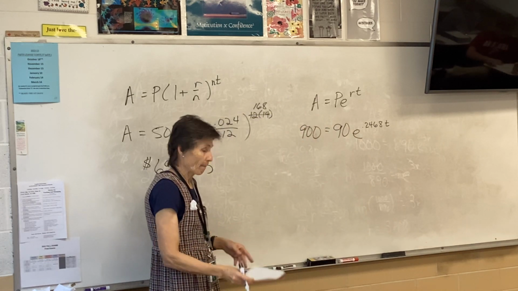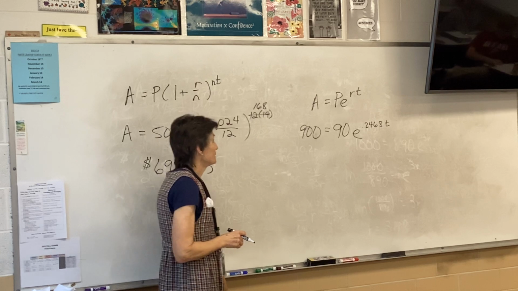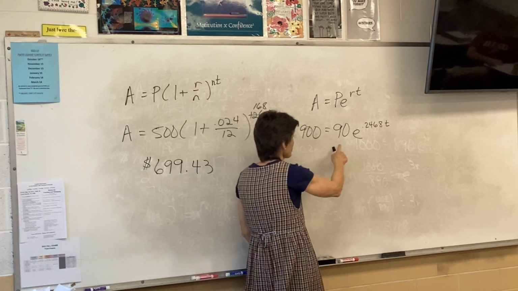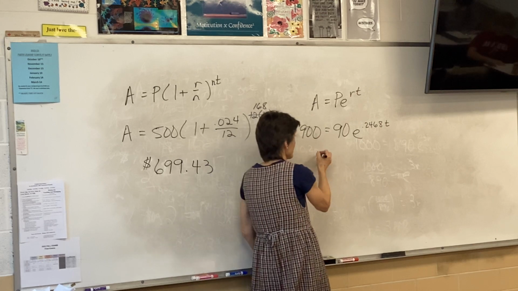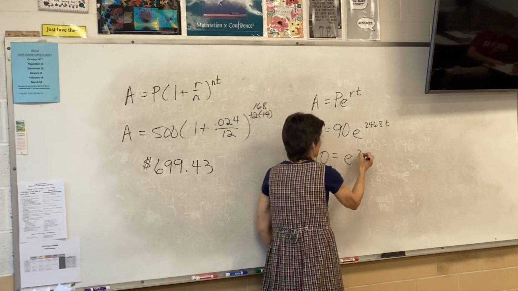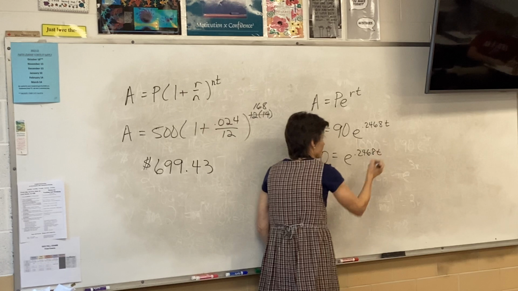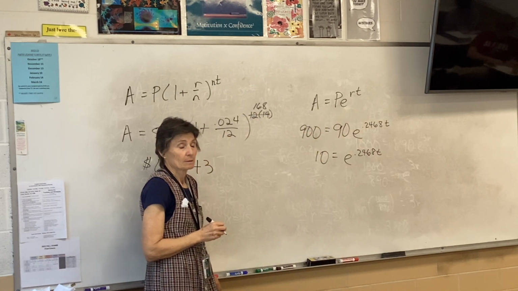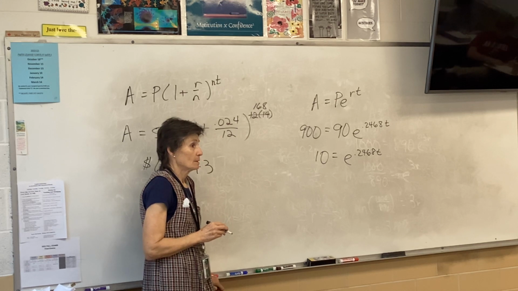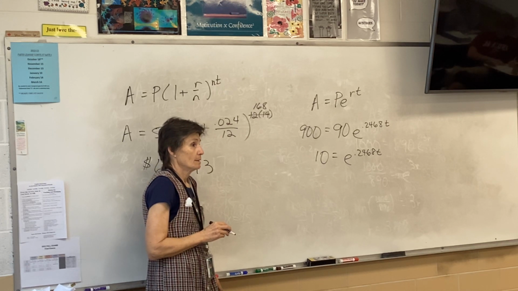Step 1, divide by 90, and that one actually is gonna divide nicely. 900 divided by 90 is just 10. If you wanna leave it 900 over 90, you can. Now what?